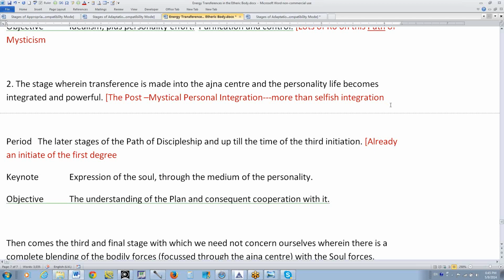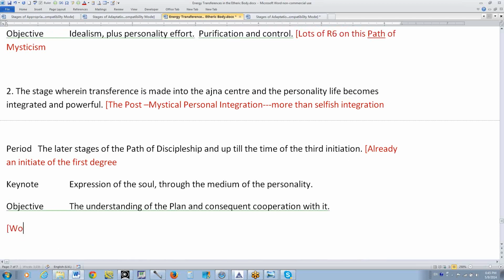So we are definitely working in the sacrifice petals at this time, and we are not simply expressing ourselves as a dominating, integrated personality of the lower type.